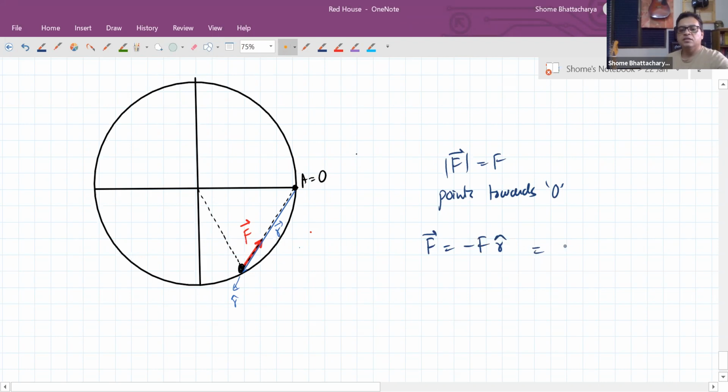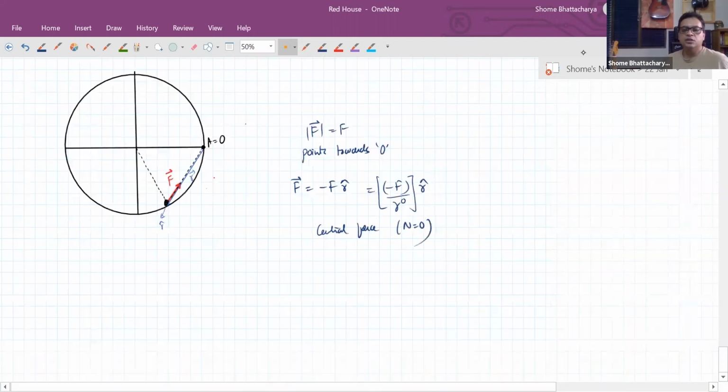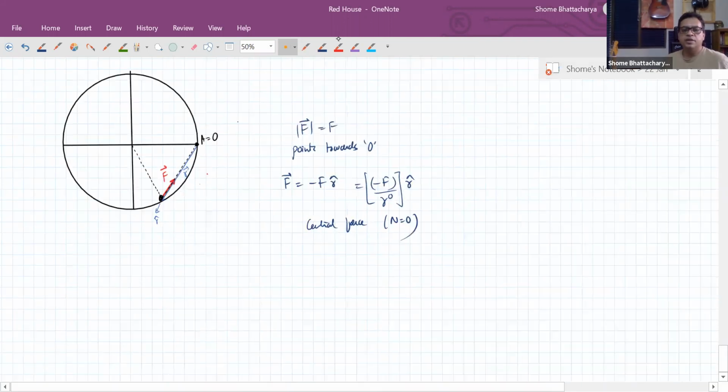So it is basically negative of F as a constant upon r to the power 0 r cap. Okay. So it is a central force with the value of capital N as 0. And 0 is also a real number, so there's no problem with that. So therefore, it had to be conservative. Okay. And we could use the mathematics of central forces now to calculate the work done. So that was the third method I was telling you about.